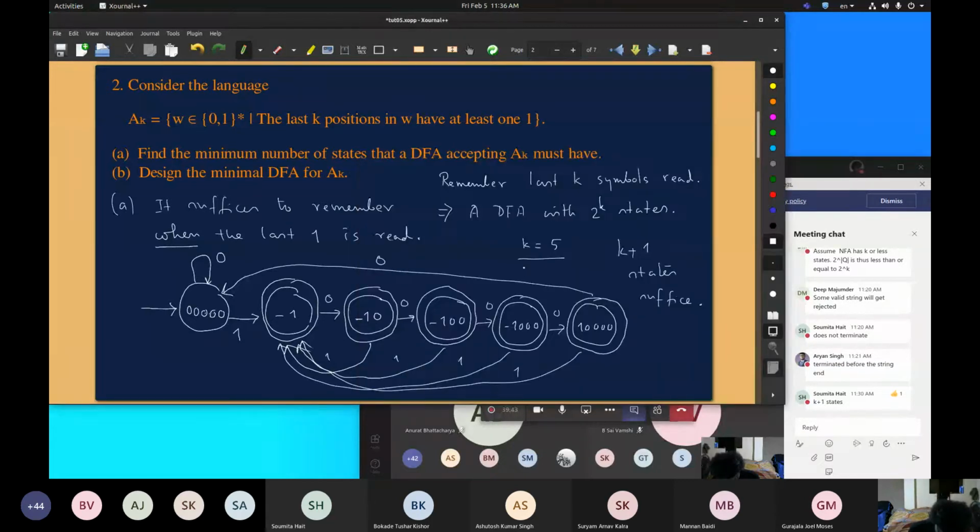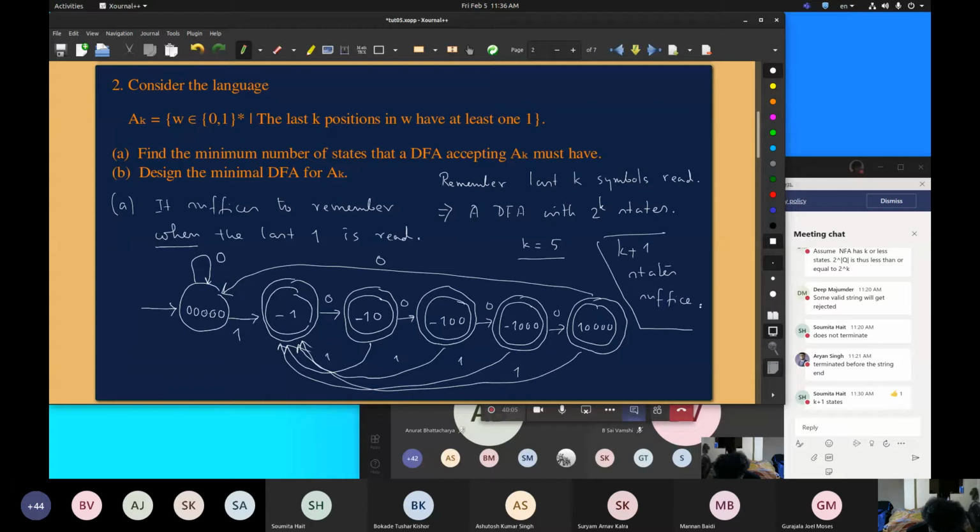So I have already solved B, in a sense, because I have explicitly constructed a DFA for it. Of course, I have done it for k equal to 5, but this construction can be generalized to any value of k. So it is obvious that k plus 1 states suffice.